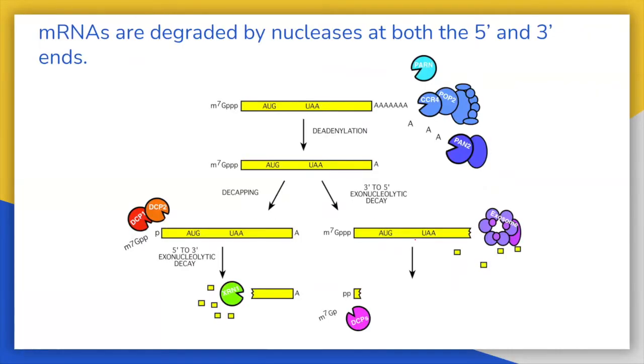mRNAs are degraded by nucleases that can recognize both the 5' and 3' ends of the mRNA, that is, the 5' phosphates and the 3' hydroxyl groups. So remember that we try to prevent this by adding a 7-methylguanosine cap in a 5' to 5' linkage. That 5' to 5' linkage actually cannot be recognized by nucleases and protects that segment of RNA.